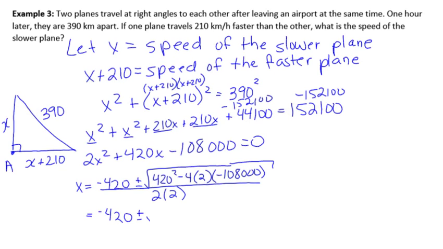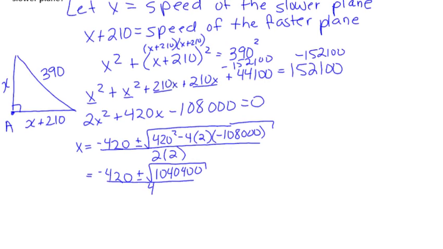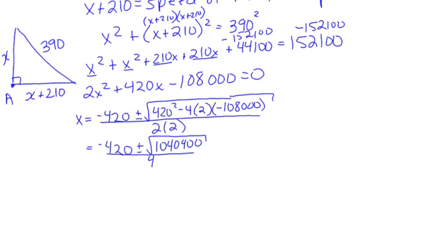Just a matter of simplifying underneath the root, we are going to get 1,040,400 all over 4. Luckily, that is a perfect square, so we don't have to play with values there.